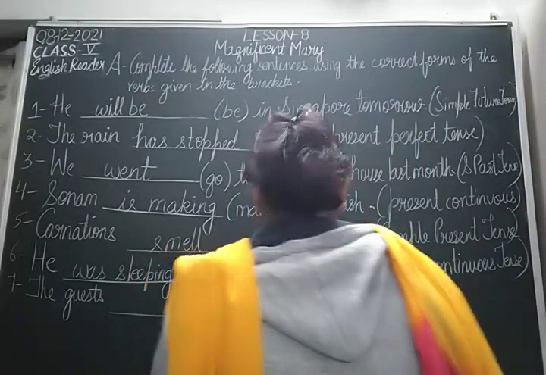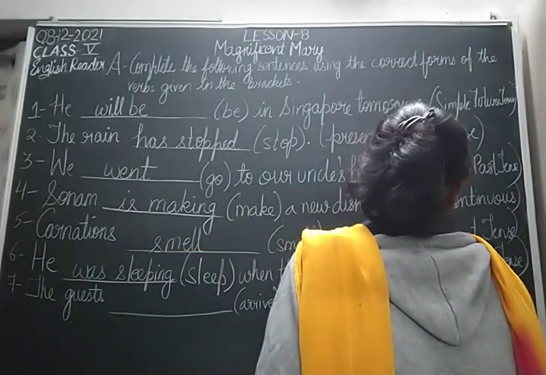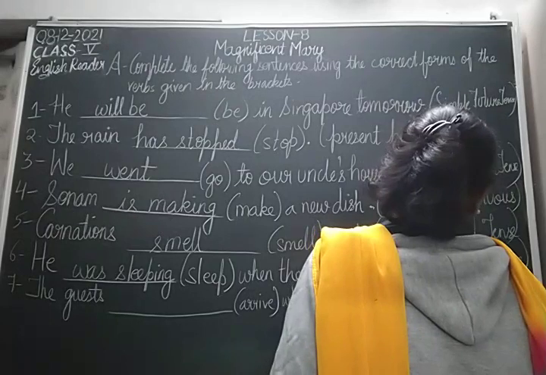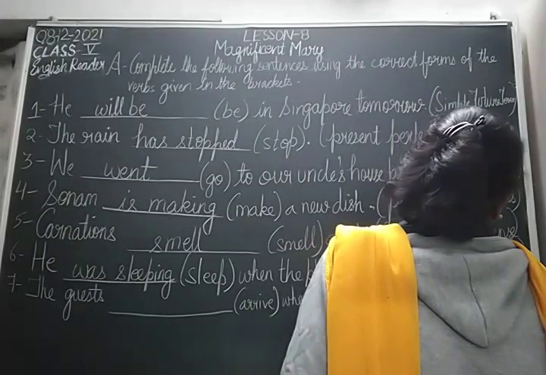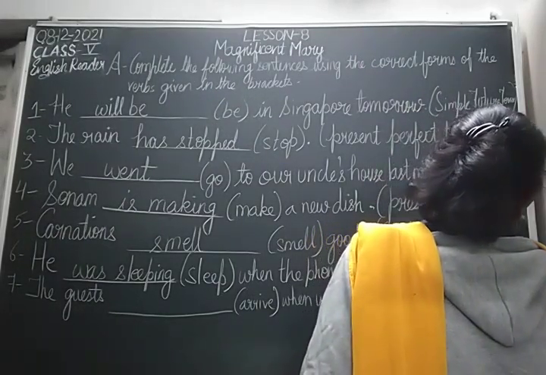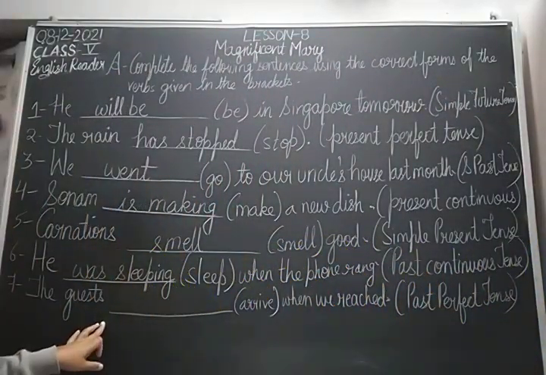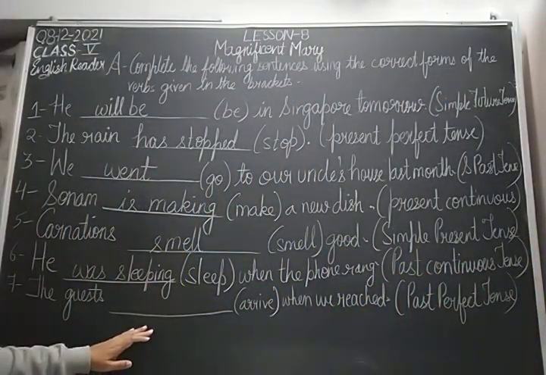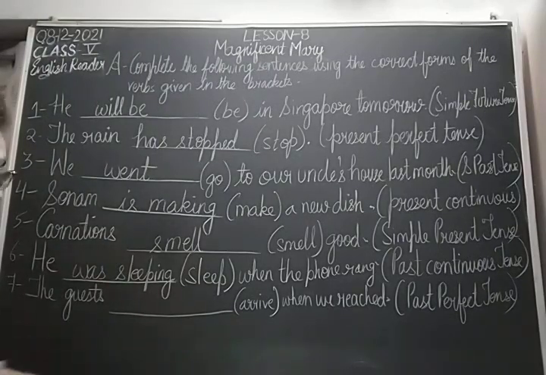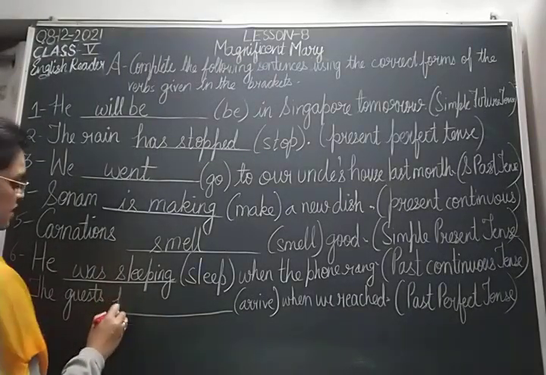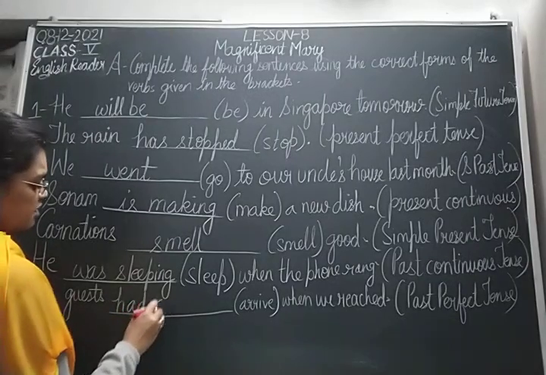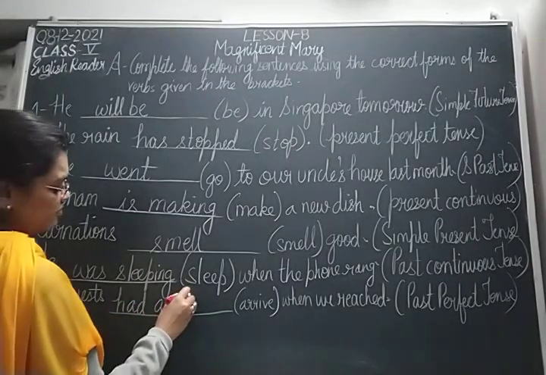And this has to be done in past perfect tense. In past perfect tense, the formula is had plus the past participle form of verb. So the guest had, the past participle form of arrive is arrived.